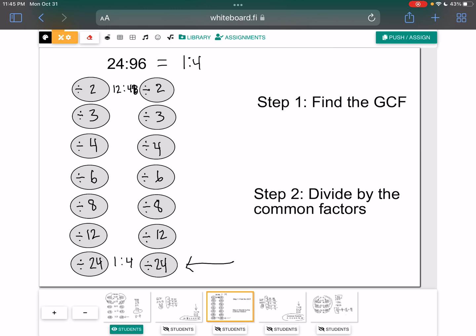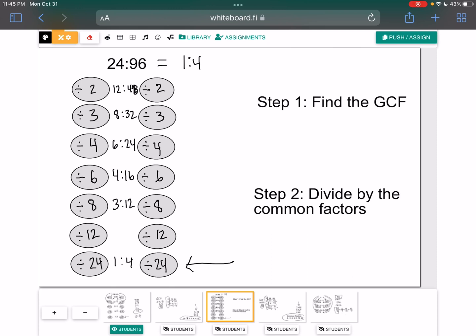Each term divided by 3 will give us 8 to 32. Each term divided by 4 will give us 6 to 24. Each term divided by 6 will give us 4 to 16. Each term divided by 8 will give us 3 to 12.